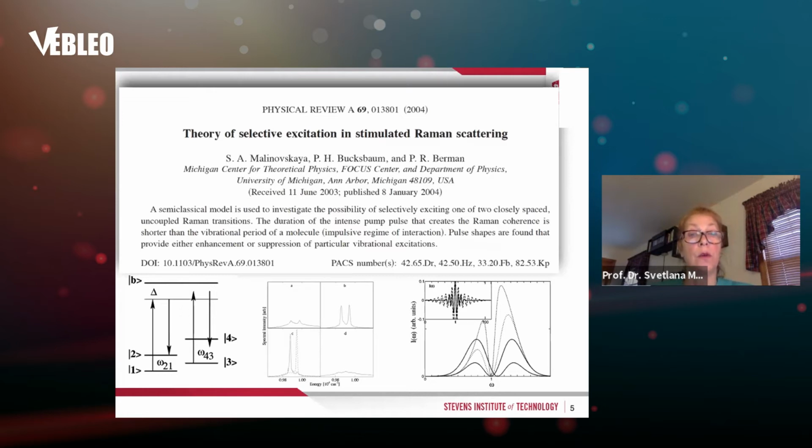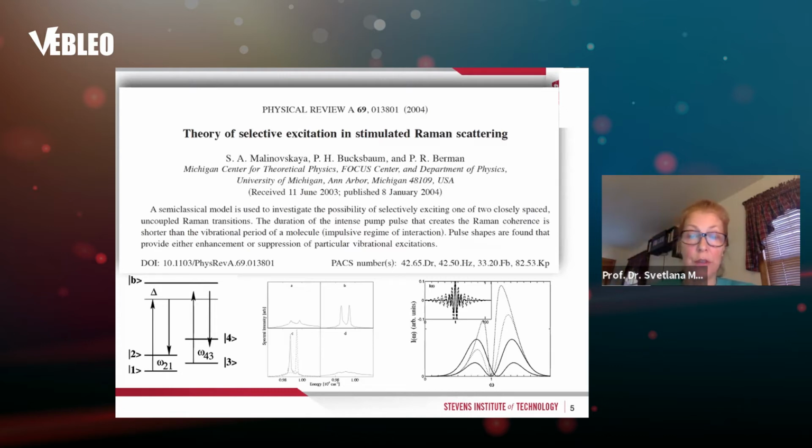I designed laser shapes to selectively enhance or suppress excitations of the symmetric and asymmetric Raman modes in methanol molecule.